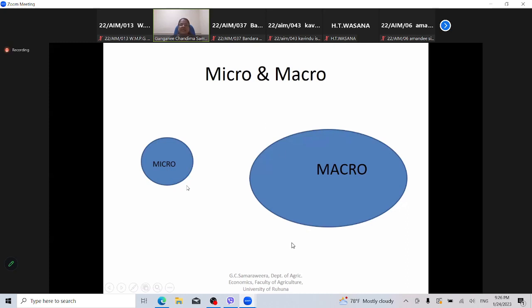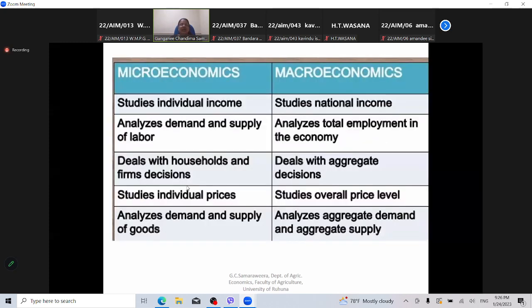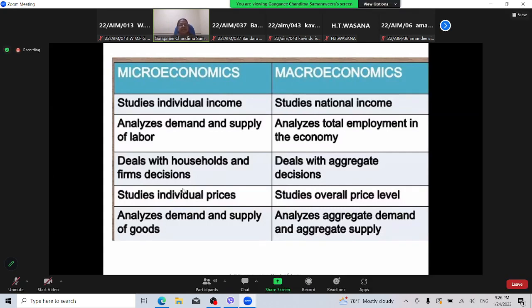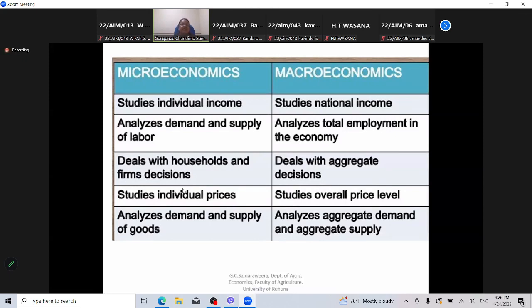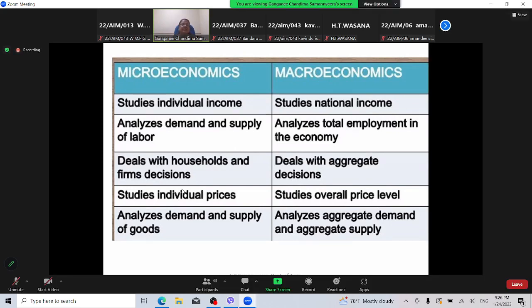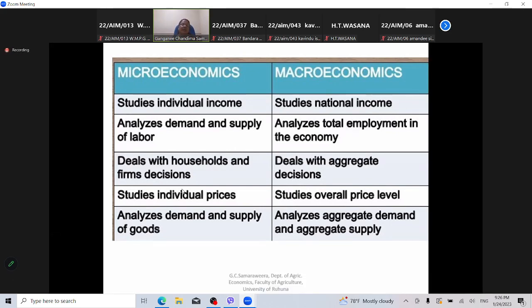It is easy for you to understand microeconomics more importantly if you know the difference very carefully. See here, microeconomics studies the individual income, individual choices, individual demand. So these all we consider in microeconomics.